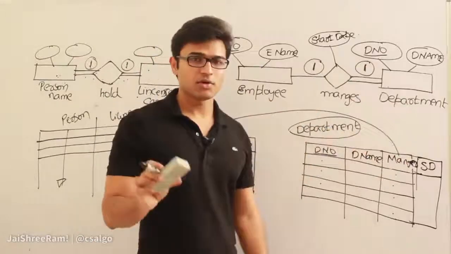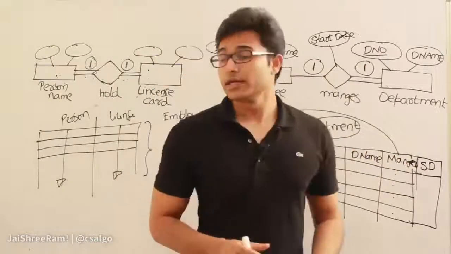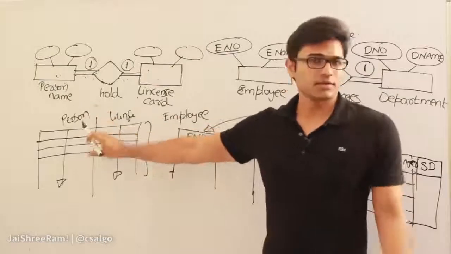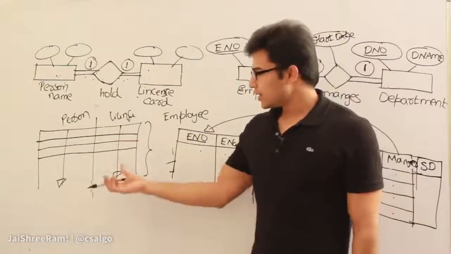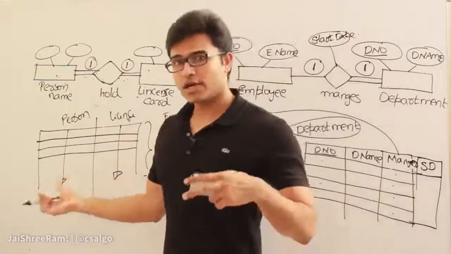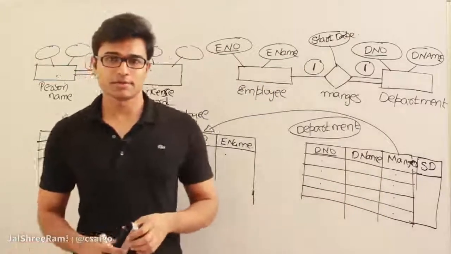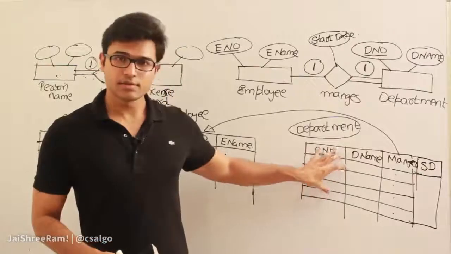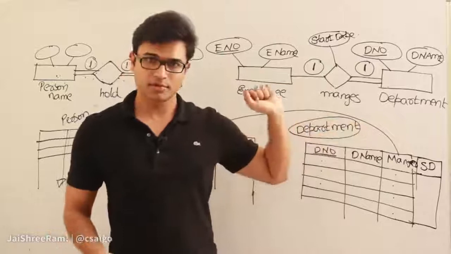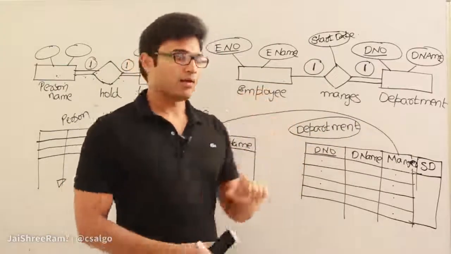Got it? So these two are the best known practices. Here it is up to you whether you choose to combine them or add the foreign key. Anyway, combining them actually takes less space, isn't it? Because you need not add one more extra attribute here, right? So this is the best one. Here, don't combine both of them, have one more attribute. Got it? Okay, fine.